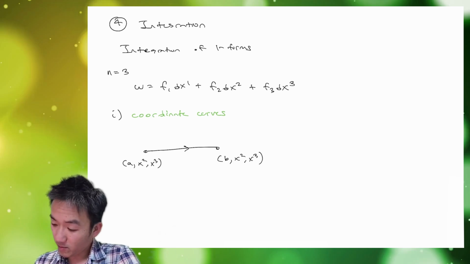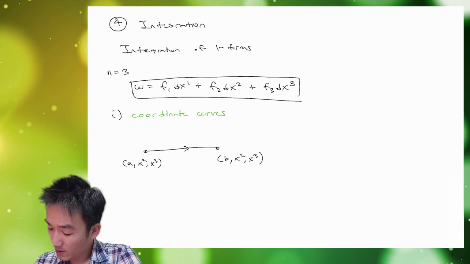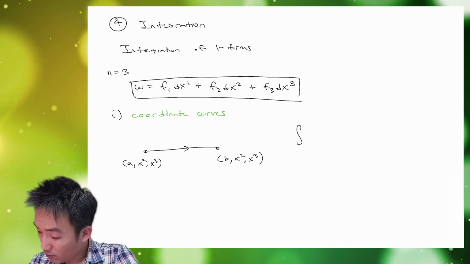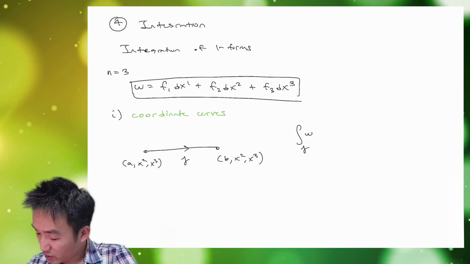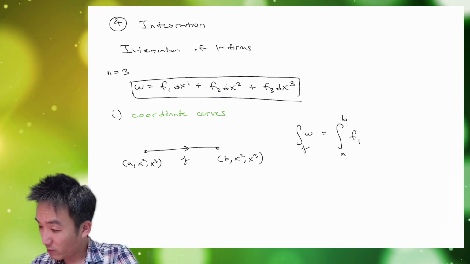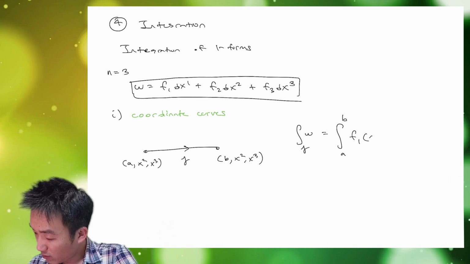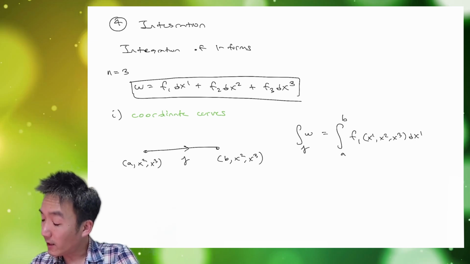And in this case, if this is my general one form omega, then the integral of omega along gamma, so this is gamma right here, actually becomes a one-dimensional integral where I pick out the component in front of the dx1, so that's the function f1, and then I integrate with respect to x1 from a to b, and I keep the other 2 components, x2 and x3, fixed.